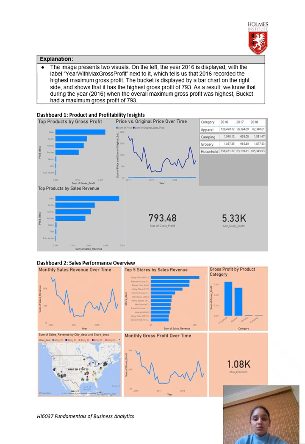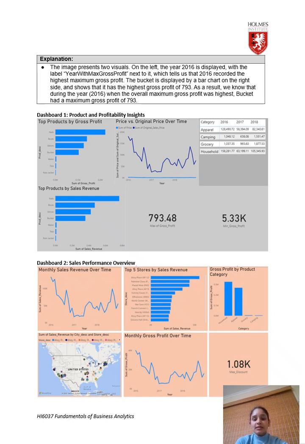And another one, there is a bar chart which shows gross profit by product, highlighting which product categories, camping, grocery, drive profits. Sales revenue by cities, class, or stores. There is a map which visualizes the geographic sales distribution across the US.